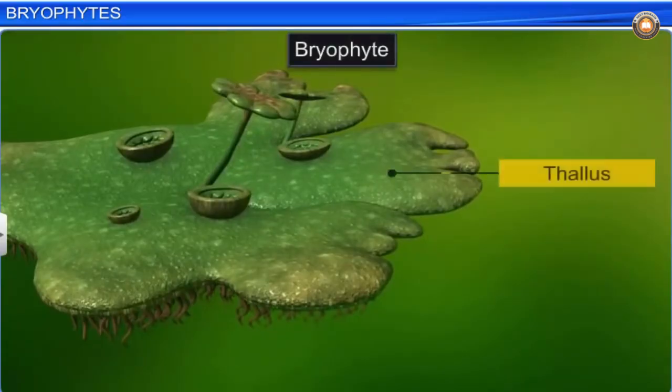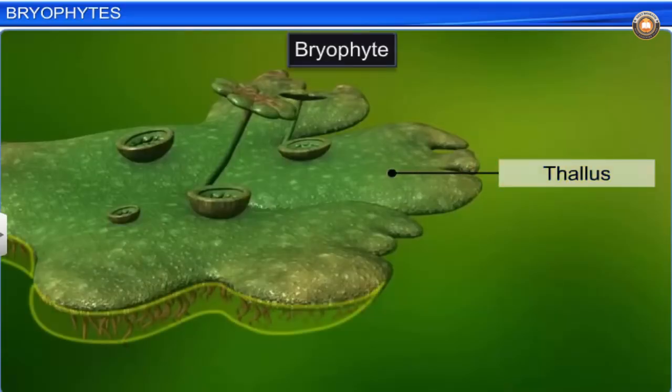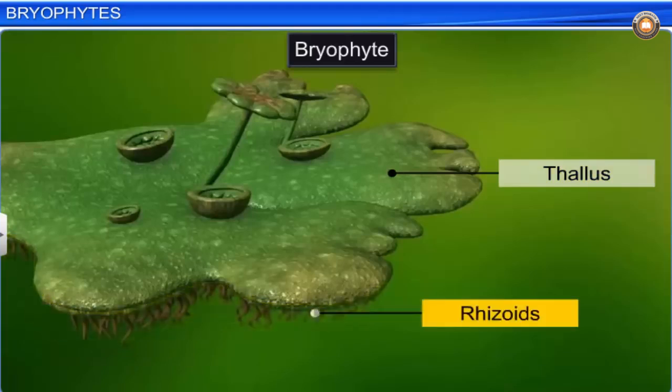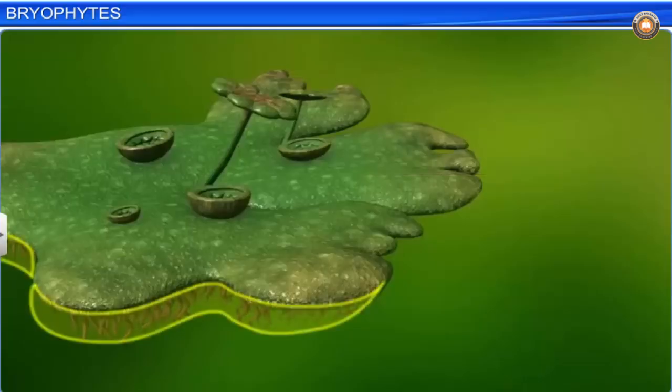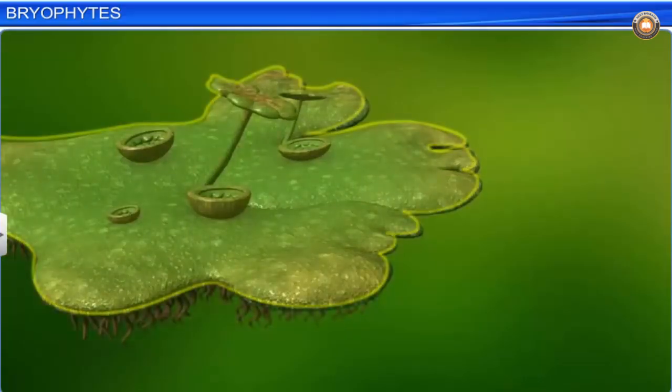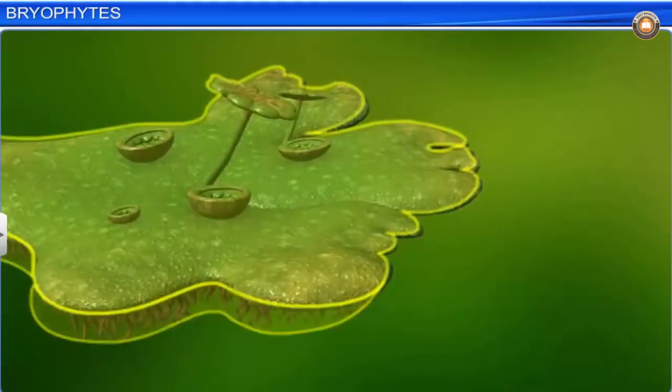The plant body is thallus-like and is either prostrate or erect. It is attached to the substratum by unicellular or multicellular rhizoids. The plant body does not have true roots, stem or leaves, but possesses similar structures.